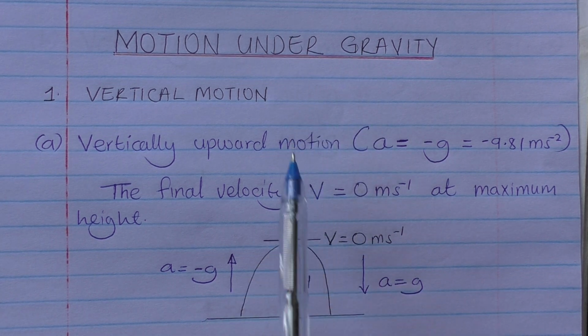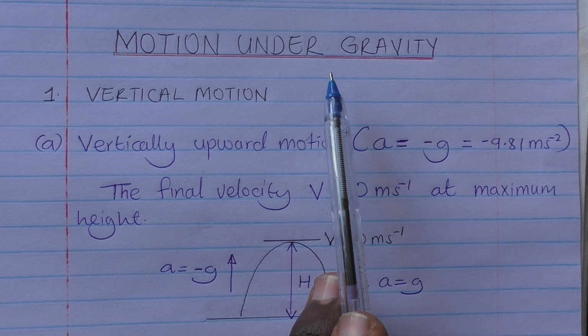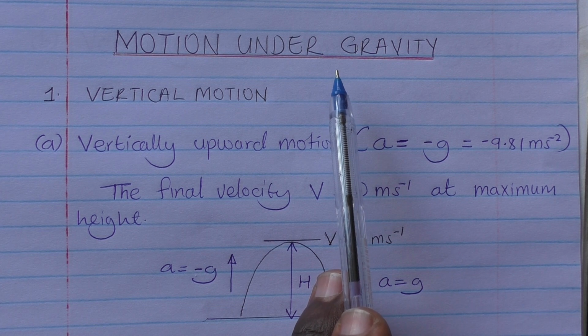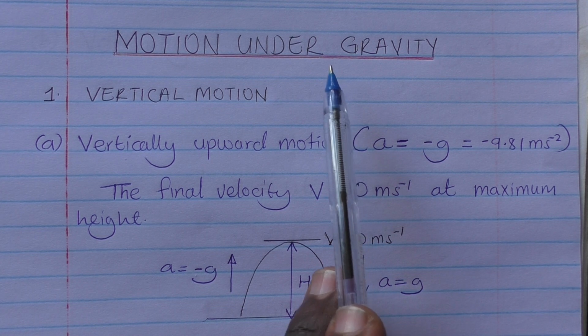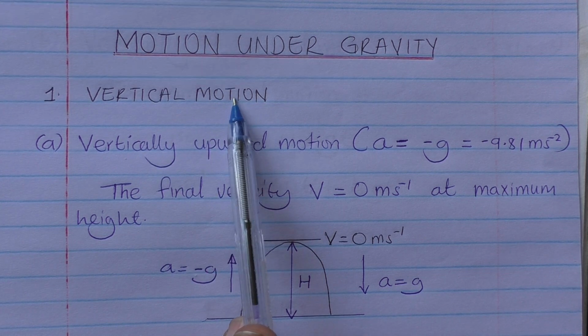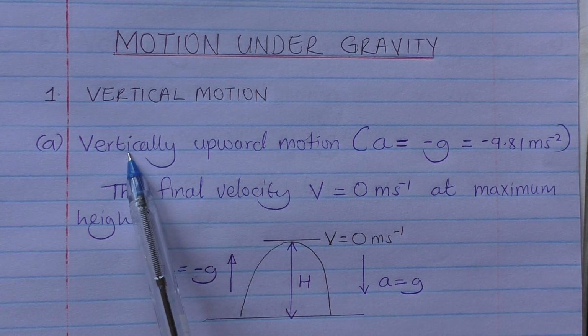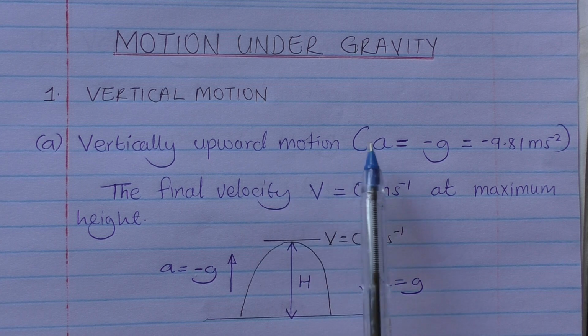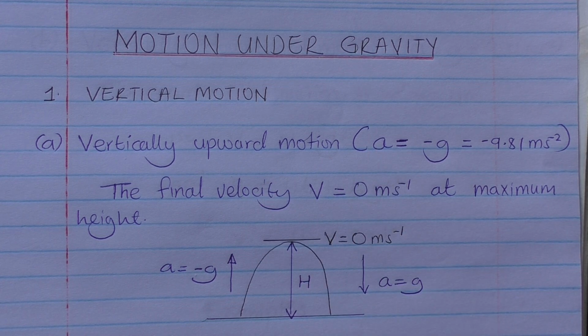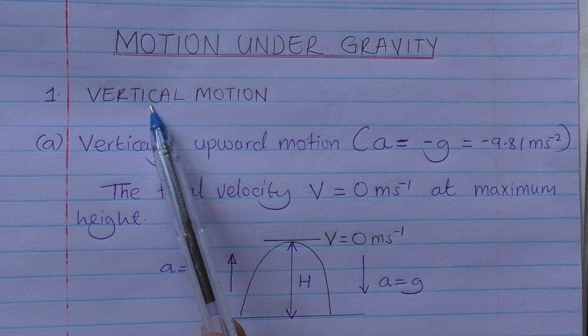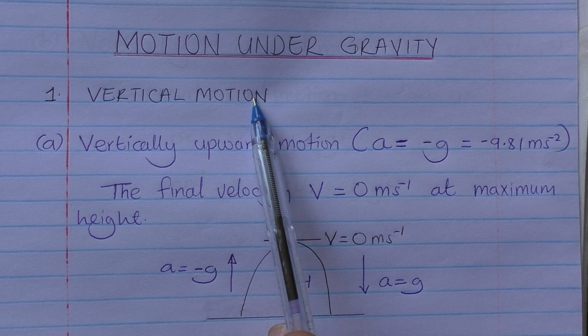So motion under gravity is therefore categorized into two. That is vertical motion, whereby we have vertical upward motion and vertical downward motion. Then the other type of motion under gravity is a projectile.